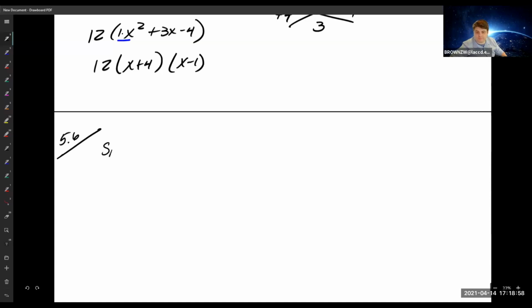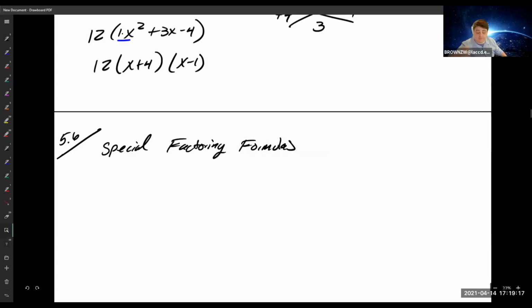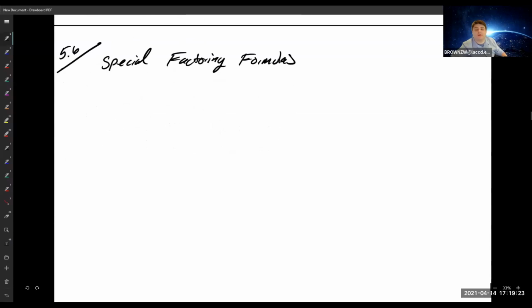5.6, special factoring formulas. So what these are, the name says it all, special factoring formulas. But really the way to treat these sections is that these are shortcuts that allow you to bypass some work.